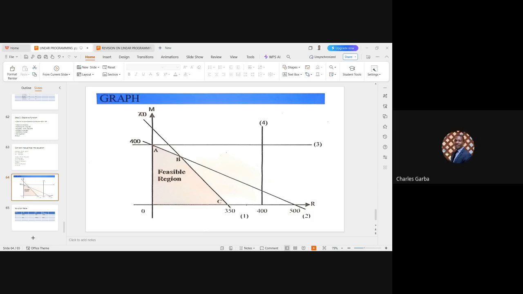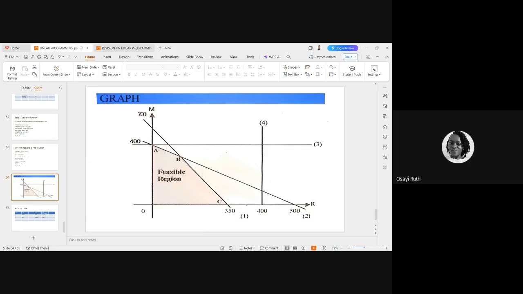Yes, but the question is which two equations are intersecting at that point? There is M plus 2R equals 700, and 2.5M plus 2R equals 1000.